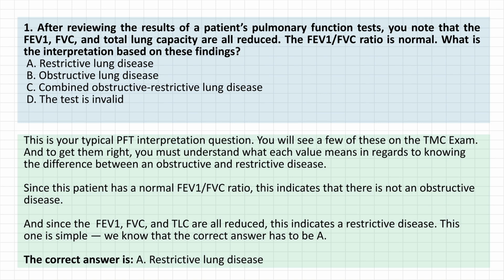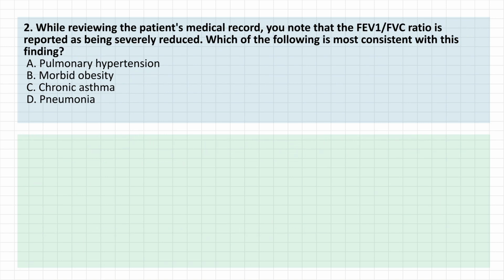Remember, the FEV1 to FVC ratio would be decreased if there were an obstructive disease present. And since the FEV1, FVC, and TLC are all reduced, this indicates that the patient has a restrictive disease. So, now that we've broken this one down, we can see that the correct answer has to be A. Restrictive lung disease.